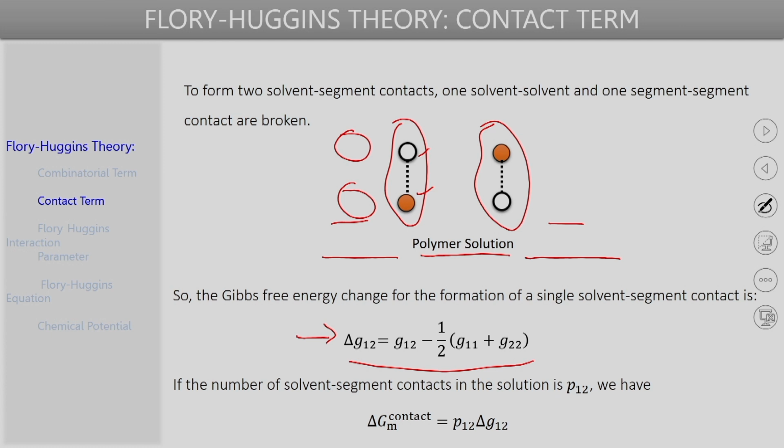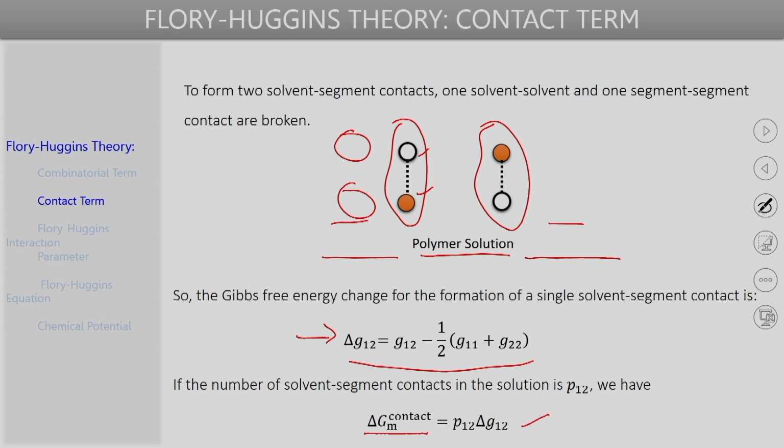P12 is the total number of solvent-segment contacts present in the entire solution, and delta g12 is the Gibbs energy change associated with the formation of a single solvent-segment contact. So, their product will give the entire contact term for the Gibbs energy change of mixing. So, we have this expression here.